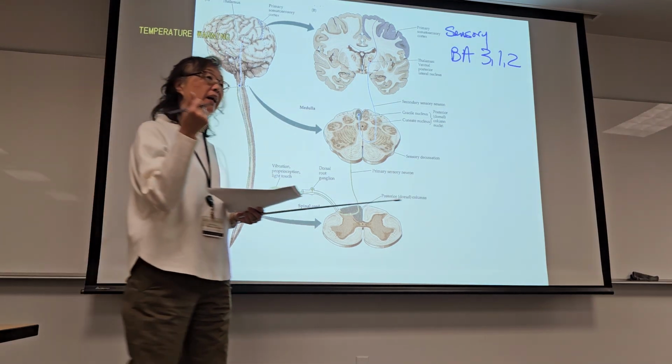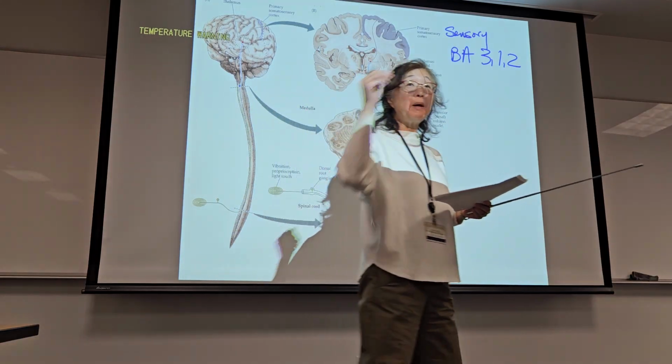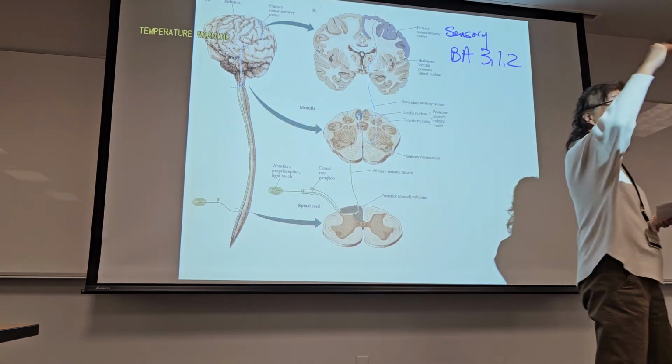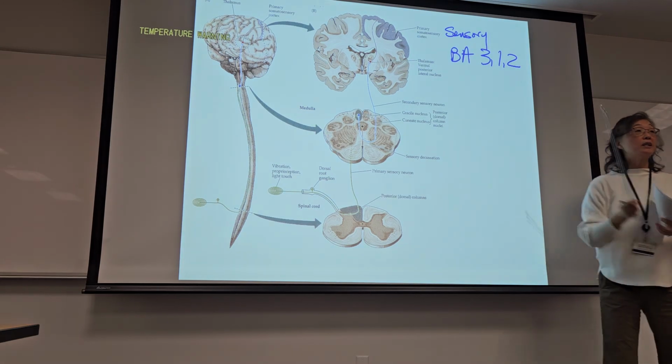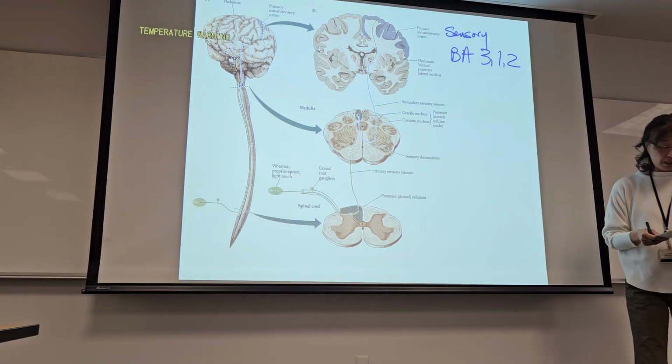Well, depending on where in the homunculus you're stimulating, you might get sensations of tingling, or you might get a sense of numbness. It's not always one or the other, sometimes it's both. It starts out tingling and then it gets numb. So it's an indication of how complex even 3, 1, 2 is in terms of detecting sensory information.